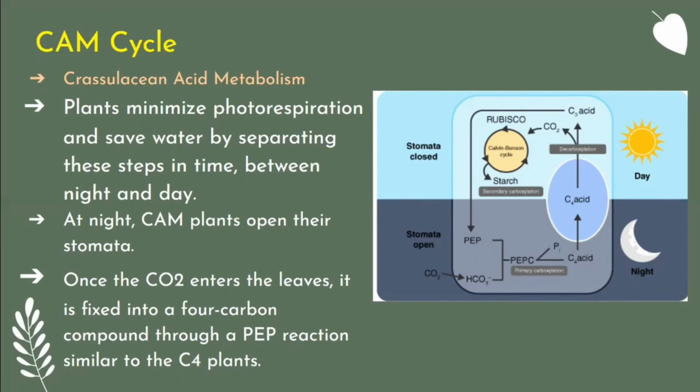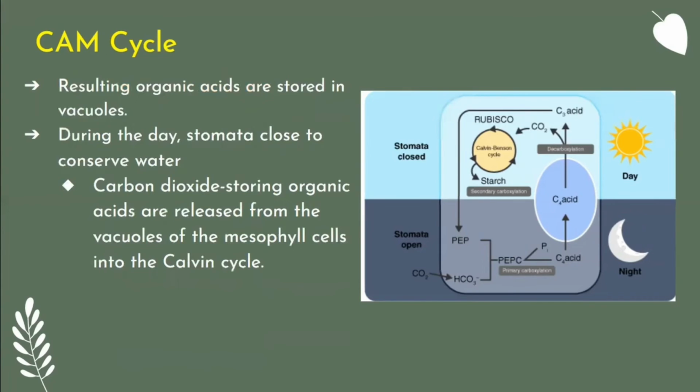Similar to C4 plants, CAM plants use the PEP reaction, which proceeds once the carbon dioxide enters the leaves. However, as compared to C4 plants, the resulting organic acids of CAM plants are stored in vacuoles. During the day, since the stomata close to conserve water, the carbon dioxide-storing organic acids are released from the vacuoles of the mesophyll cells into the Calvin cycle.